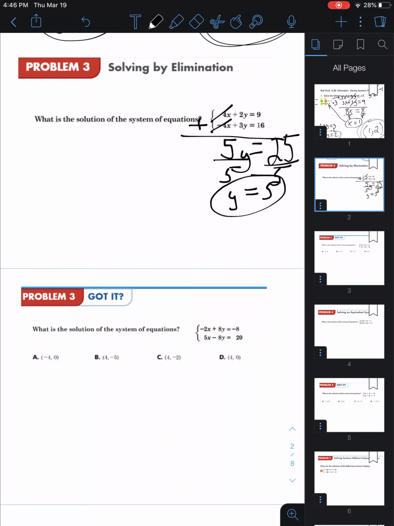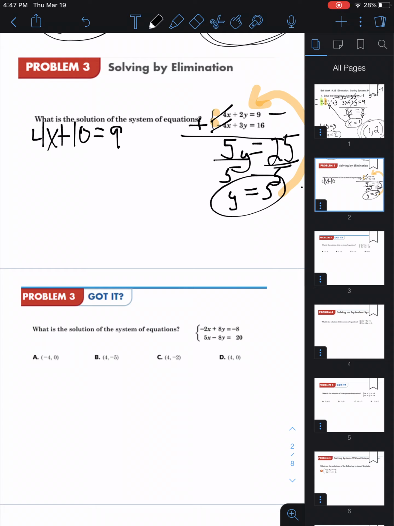Circle it. There's y. And if I take that y and plug it back into either one of these two equations, I'll get an answer for x. So let's take it and put it back into the top equation. That would give me 4x plus 2 times 5. Well, 2 times 5 is 10, so plus 10 equals 9.